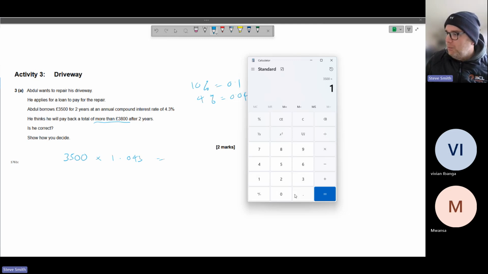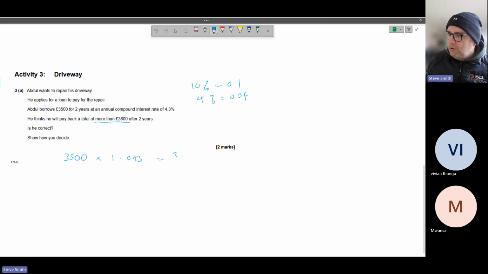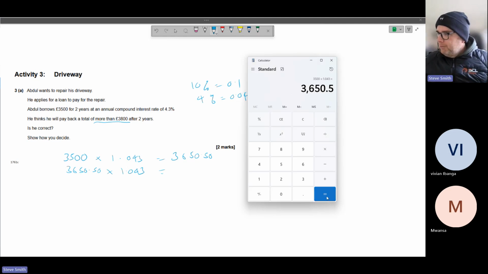So times by 1.043 equals 1 year. 3650.50, and I'll do it here again. 3650.50 times by 1.043 equals, 2nd year, 3807.47.